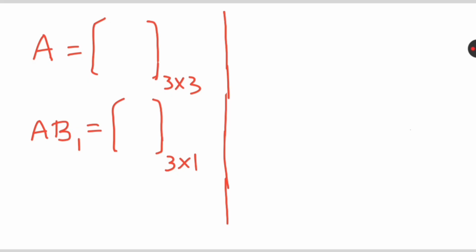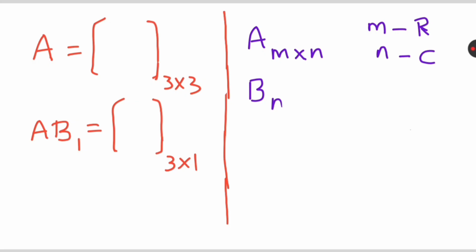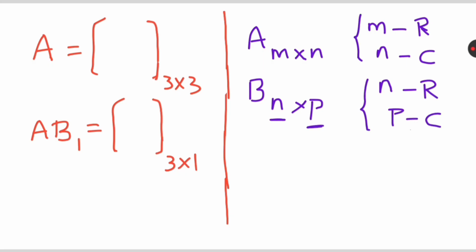Now let's recall the matrix multiplication condition. Suppose we have a matrix A with dimension m by n. Here m represents the number of rows and n represents the number of columns. Suppose B has dimension n by p. The first one always represents the rows and the second one represents the columns.